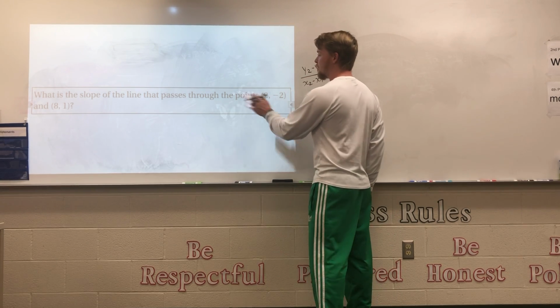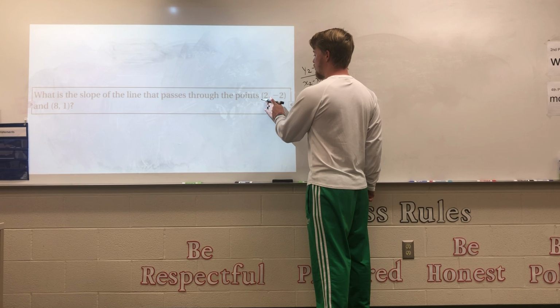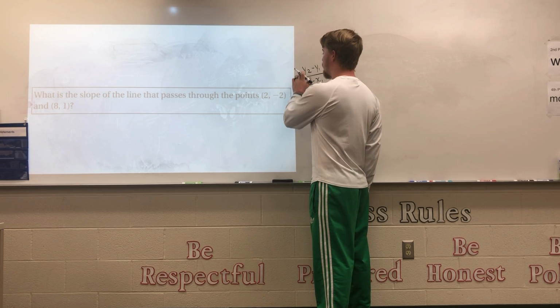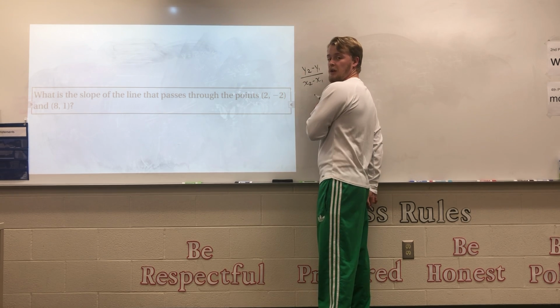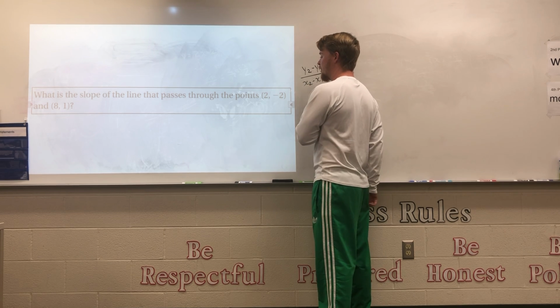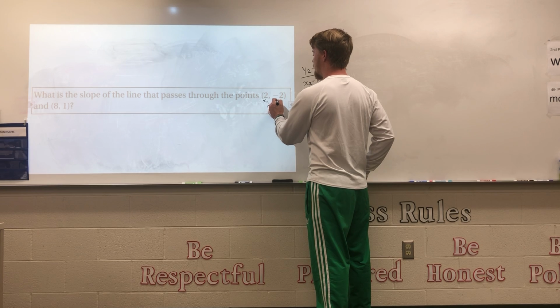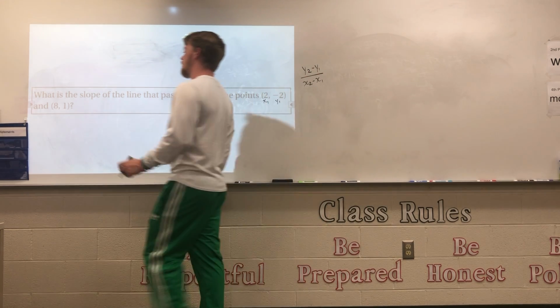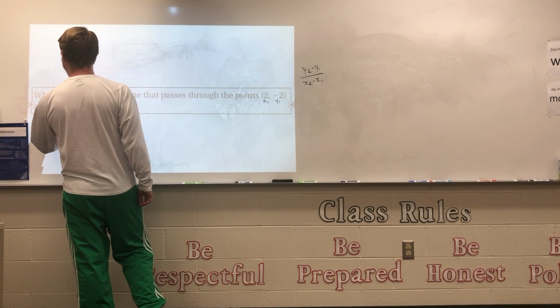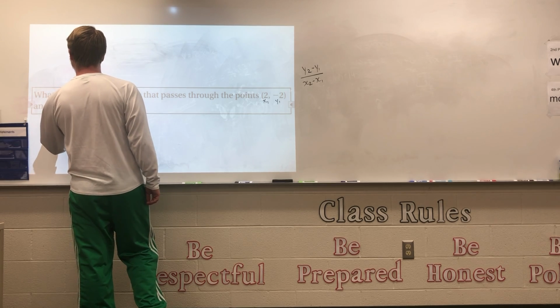Okay, and then you have to label your points because you have to tell in the ordered pair which numbers are going into which variable in the slope formula. So in an ordered pair, x comes first, so there's your x1, y1, x2, y2.